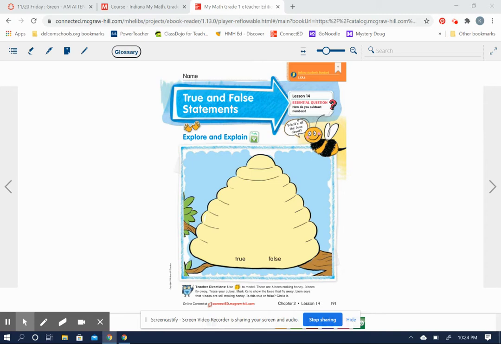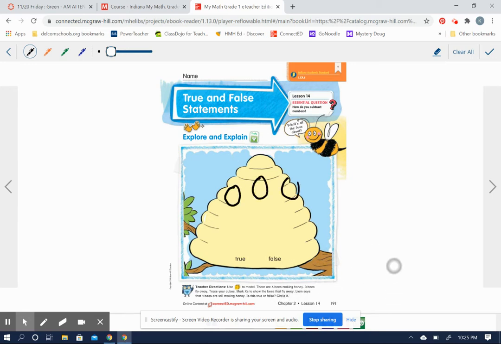So we have a story here about 6 bees that are making honey, and 3 of the bees fly away. So let's go ahead and start drawing that. 6 bees that are making honey, and 3 of them fly away.